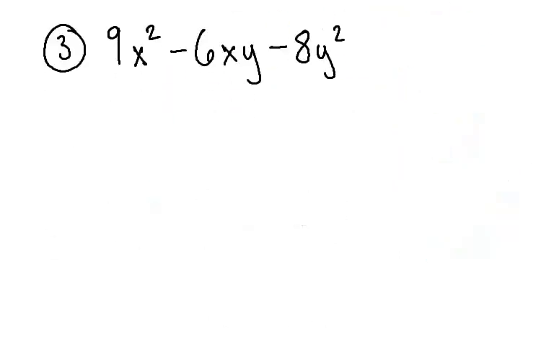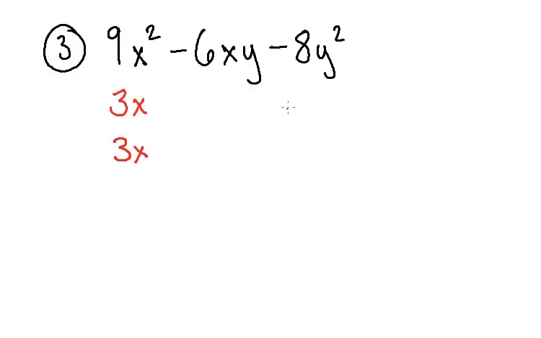Let's see another example. This example, if you notice, has two letters. So what do I do when I have two letters? Same process. You just think of two numbers that are going to give you the edges. So in this case it will be 3x times 3x, that's going to give me 9x squared. And for negative 8, I need to think of two numbers that multiplied are going to give me negative 8. It could be minus 8 and 1, it could be 8 and minus 1, it could be 4 times negative 2 or 2 times negative 4.